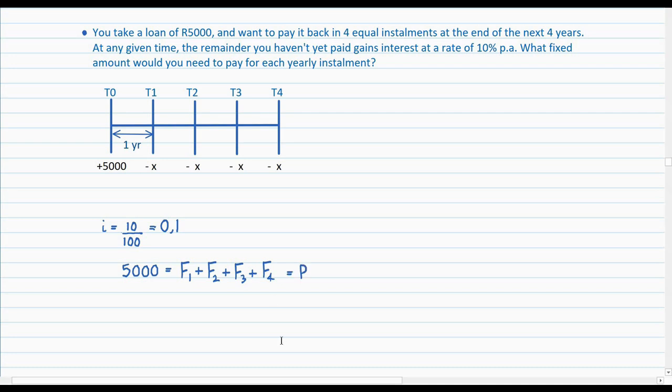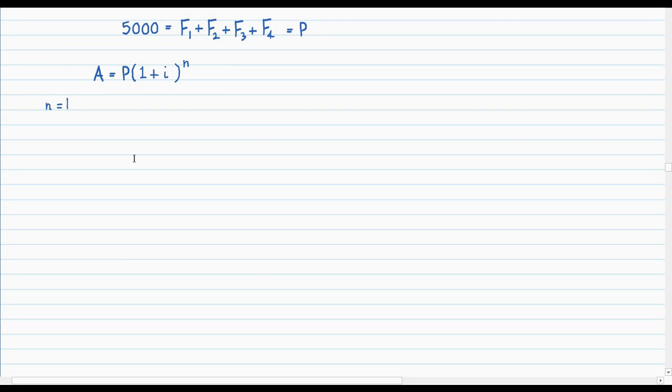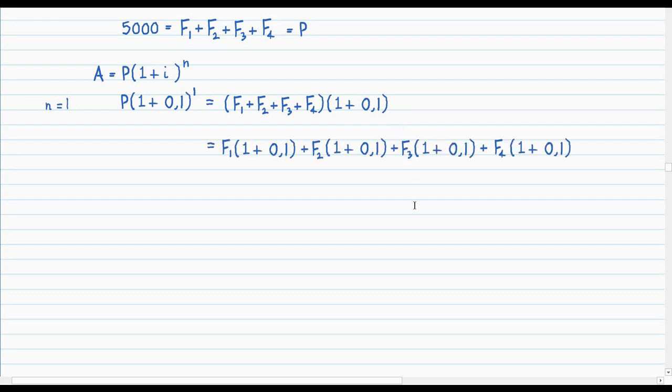We know the 5,000 accumulates interest, so let's look at what happens as each year passes. After 1 year, the total loan would be P times 1 plus 0,1 to the power of 1. And we can substitute P with this summation of F terms. Then if you expand this, meaning multiply each of the F terms by this 1 plus 0,1, you get, okay, cool.